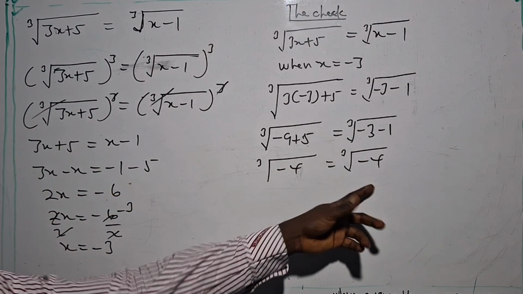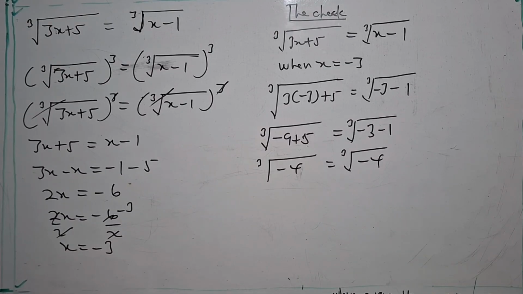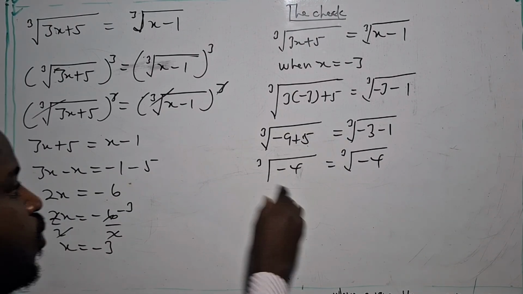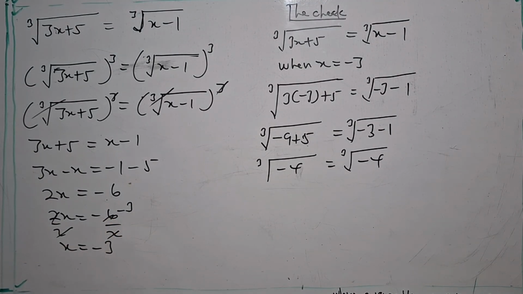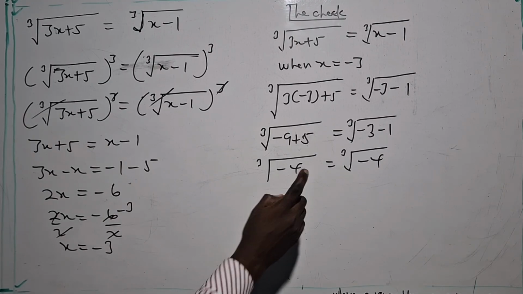Yes, so these are the same. Yes, they are the same. We have left it like this because if you find the cube root of 4, you are going to get a decimal. Yes, no whole number multiplied by itself 3 times gives you 4.